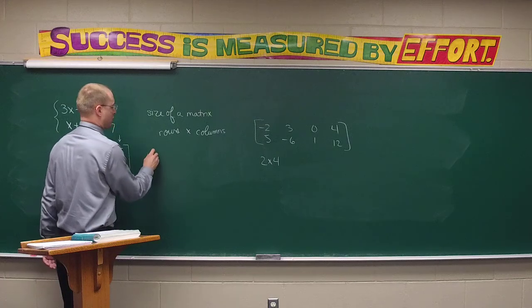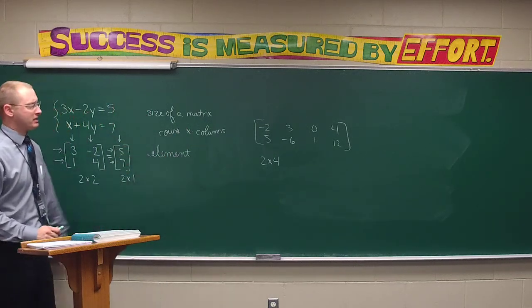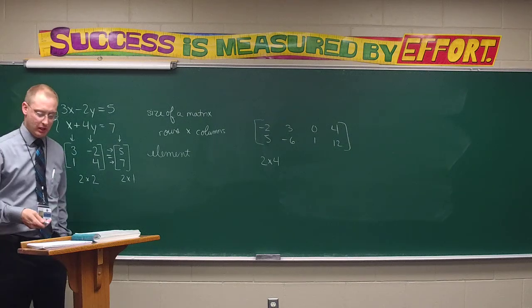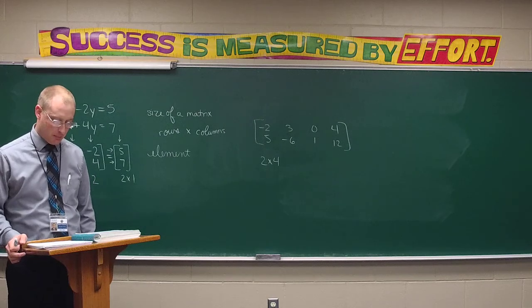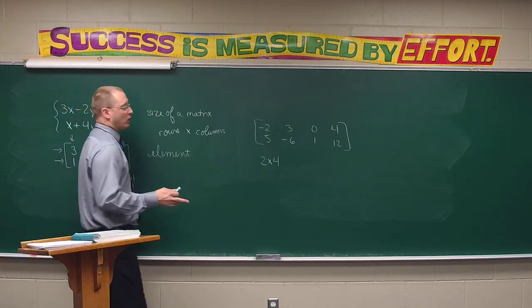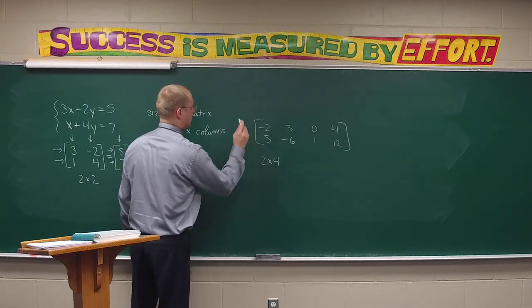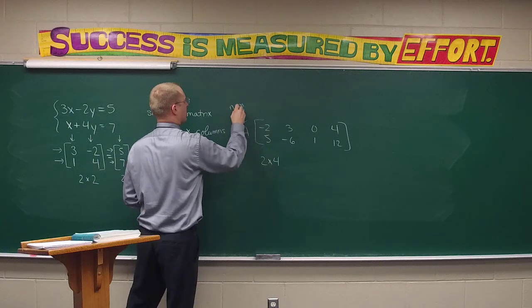Next term for you to write down is the term element. This is not like in chemistry. An element is a single value in a matrix. Every value is referred to as an element. If I were to name this matrix, matrix A, we, by the way, would use capital letters to name a matrix.